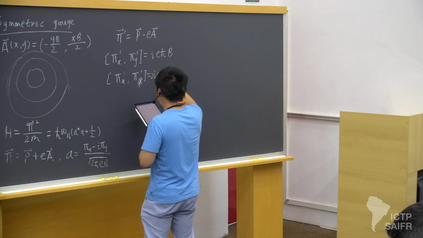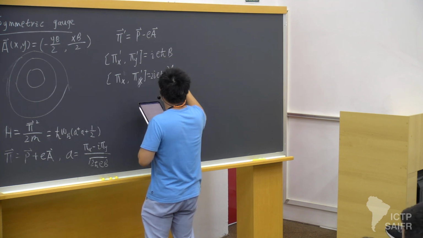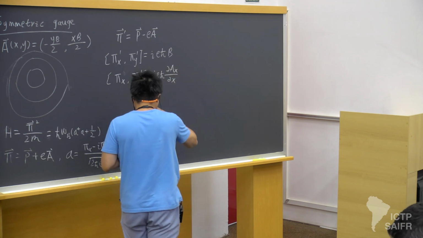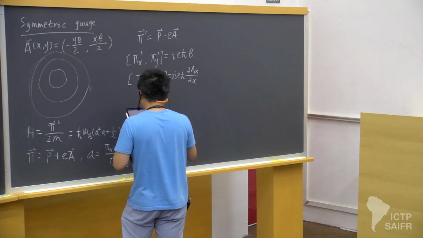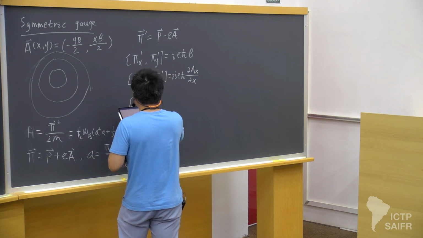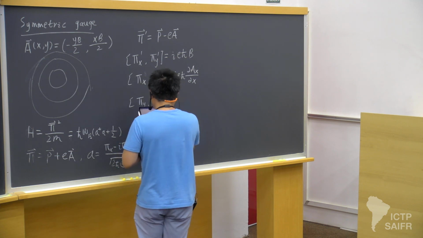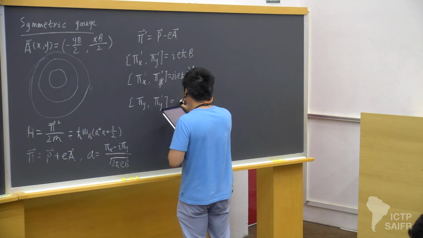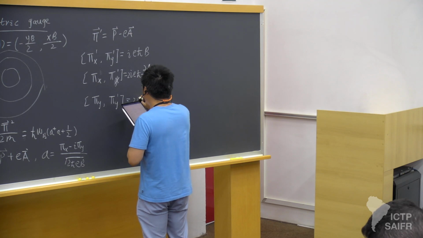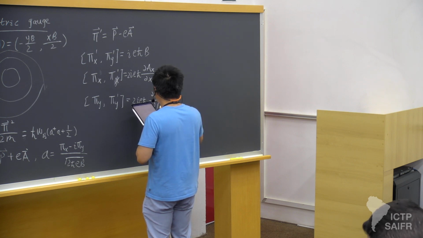which will be proportional to partial A x over partial x, and my pi y also has this: the commutator between pi y and pi y prime will be proportional to partial A y over partial y.